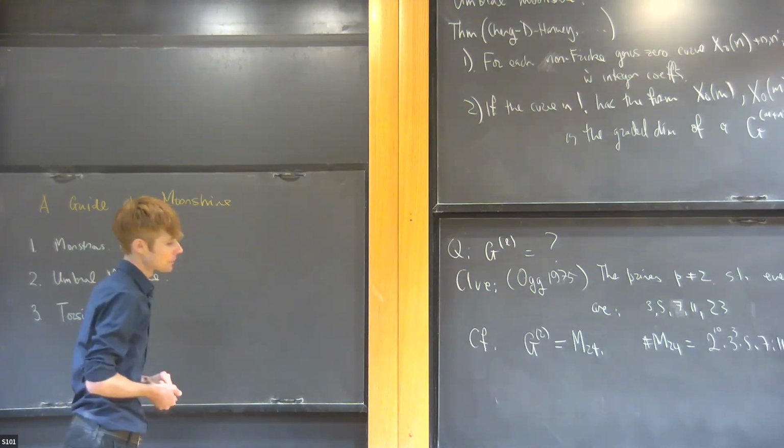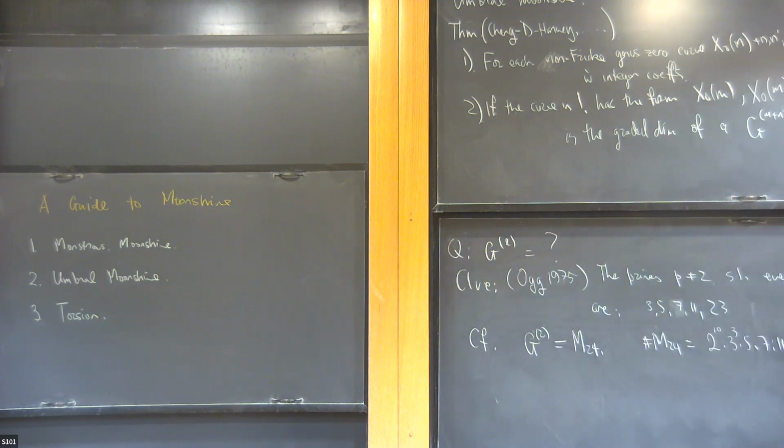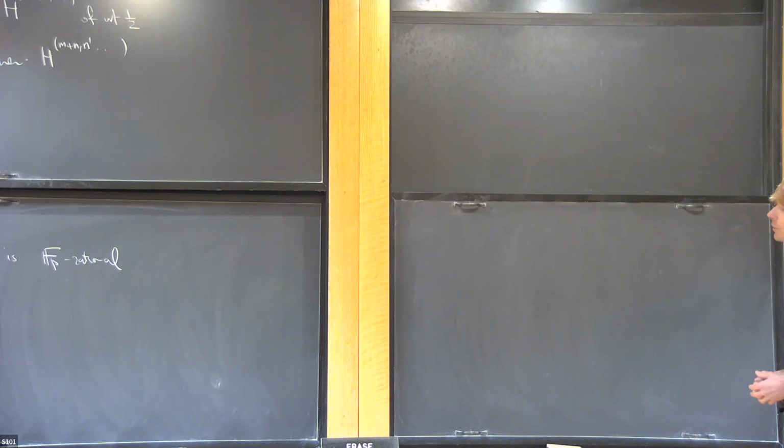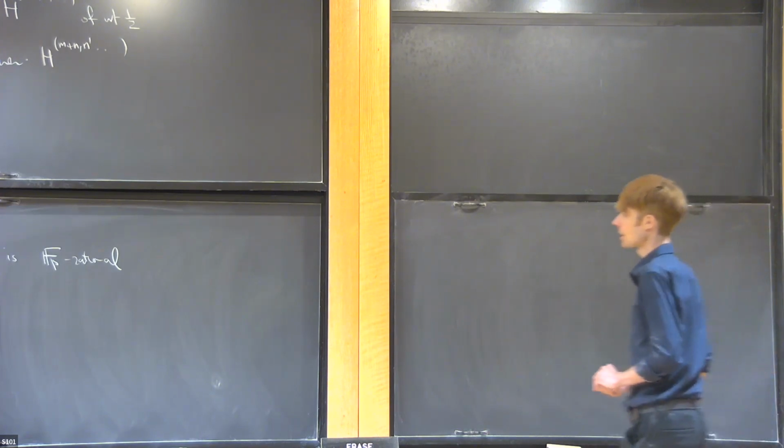My personal expectation is that this moonshine story does extend in a meaningful way into the realm of cusp forms and modular forms with rich arithmetic and geometric content. Whether or not you want to call it moonshine is a separate question.